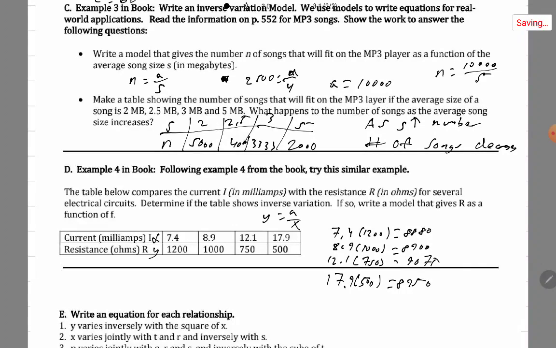And what I'm going to do is put in all my numbers here. 8,880 plus 8,900 plus 9,075 plus 8,950, and then divide that by 4 because there's only 4 of them.